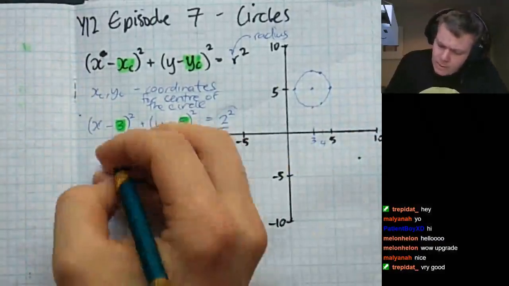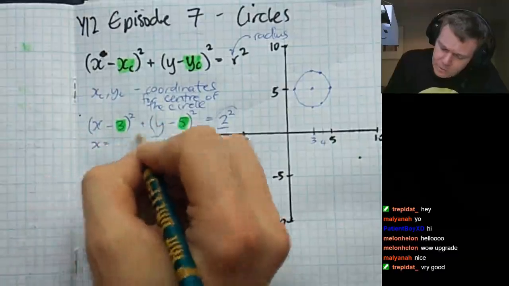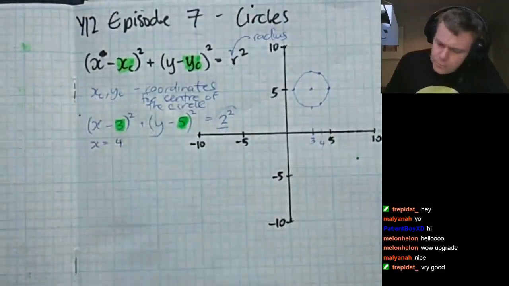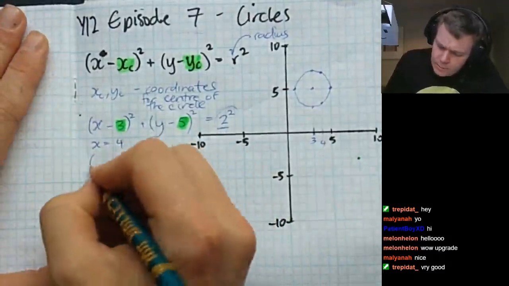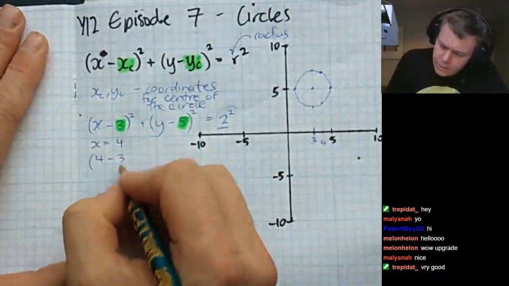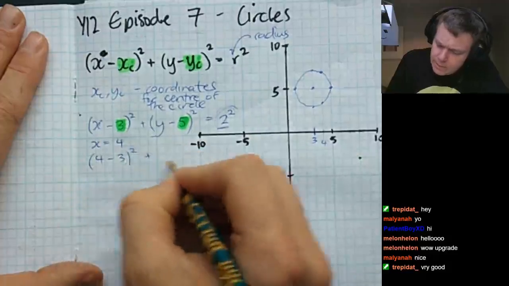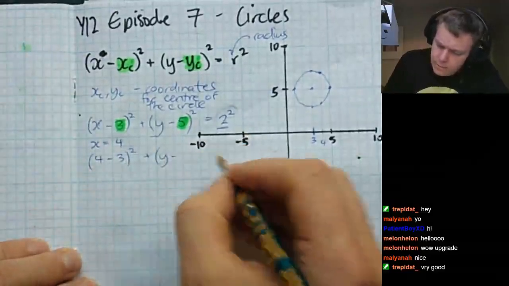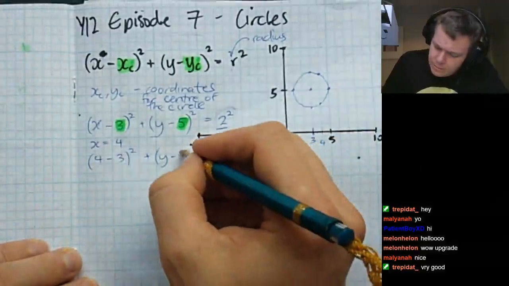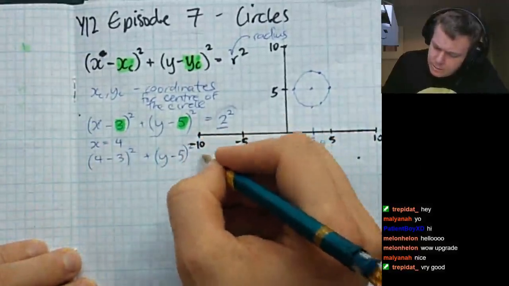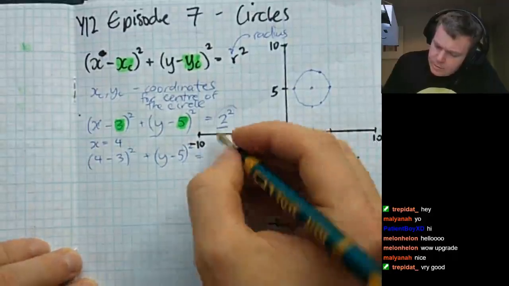So x equals 4. That's going to give us 4 minus 3 squared plus y minus 5 squared equals 4.